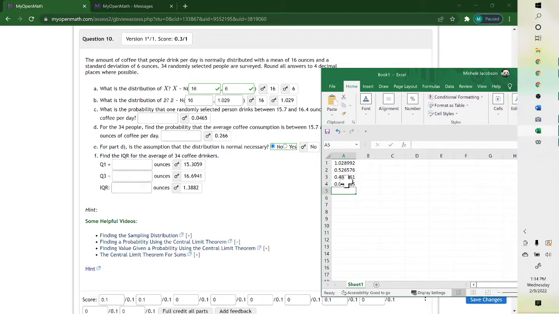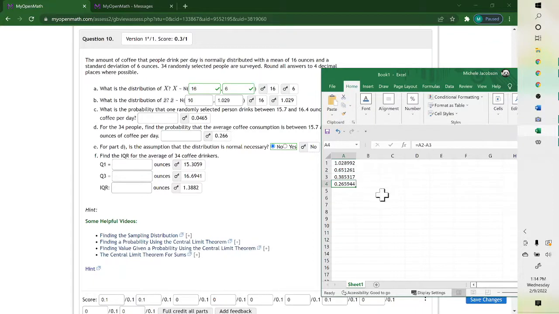Now, if you wanted, you could click on this one, the 16.4, and then just change your standard deviation to 1.029. And then on the second one, the same thing, change the 6 to 1.029.